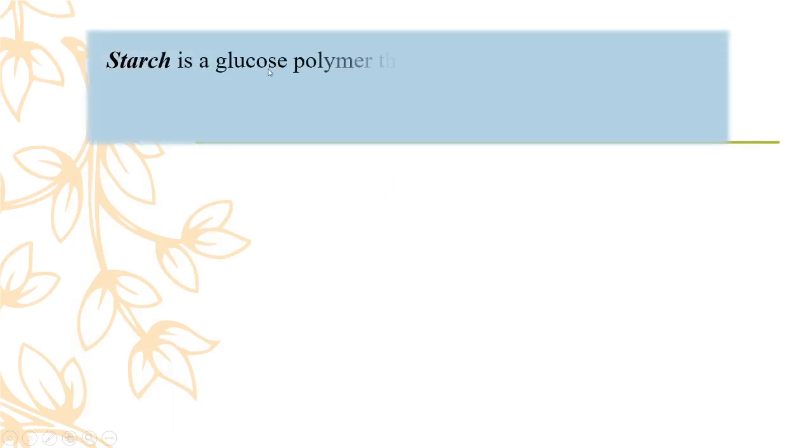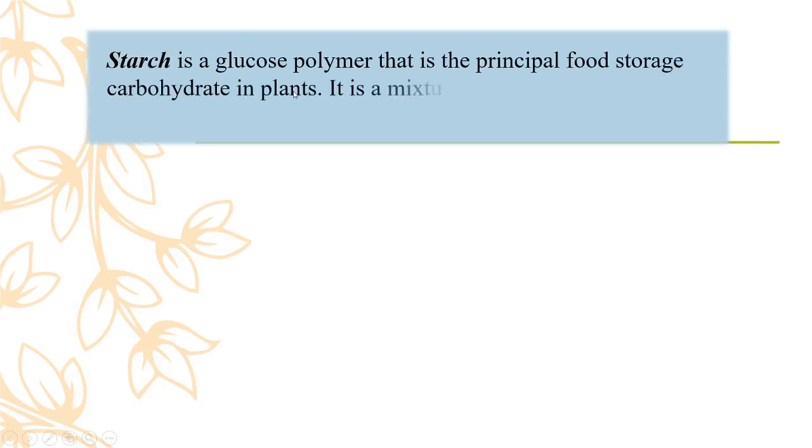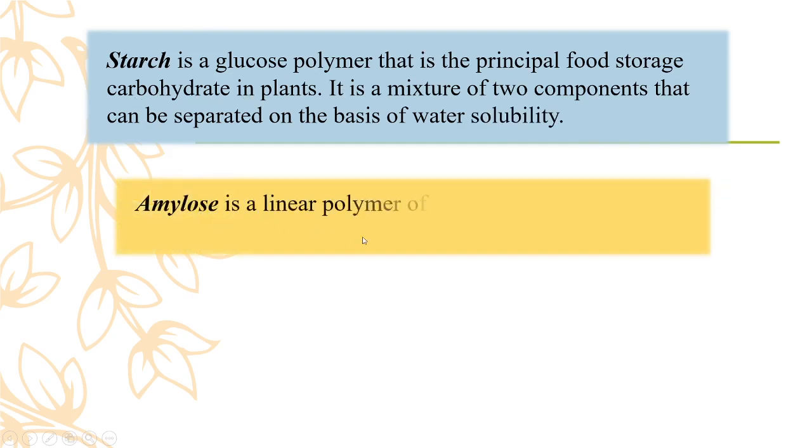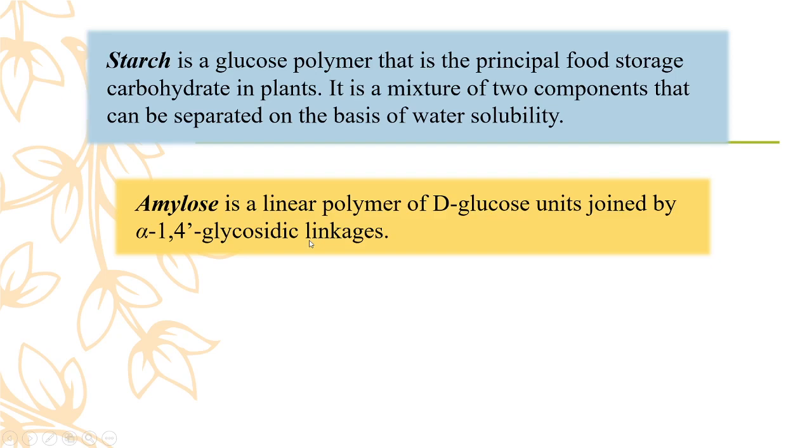So starch is a glucose polymer that is the principal food storage carbohydrate in plants. It is a mixture of two components that can be separated on the basis of water solubility. Amylose is a linear polymer of D-glucose units joined by alpha-1,4 glycosidic linkage.